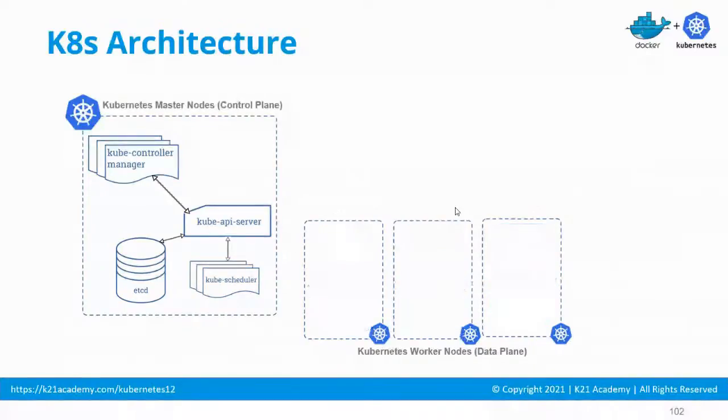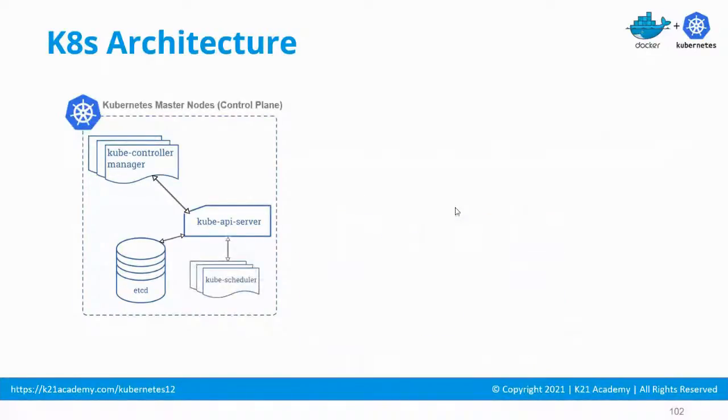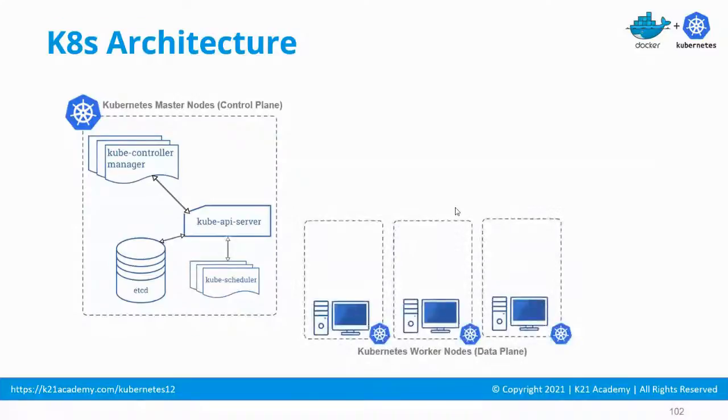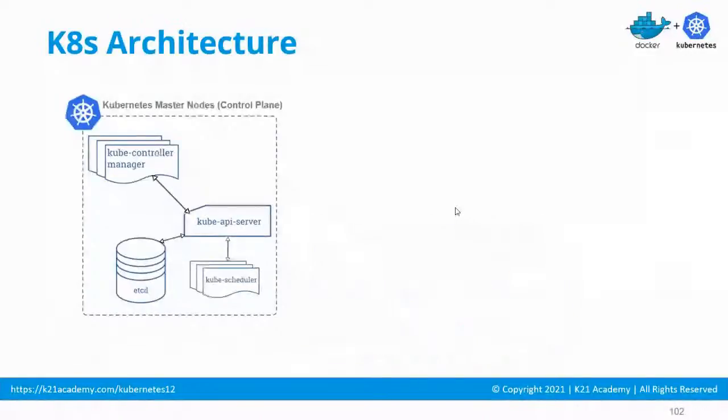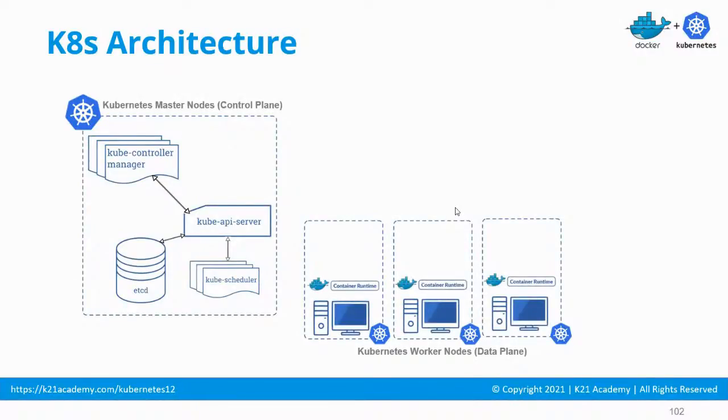The master node, as the name suggests, manages everything centrally, and worker nodes are where your applications run. Master nodes are also called the control plane because they control the entire setup, whereas worker nodes are also called the data plane because that's where my applications are running.